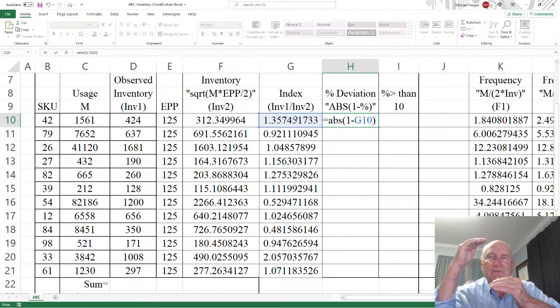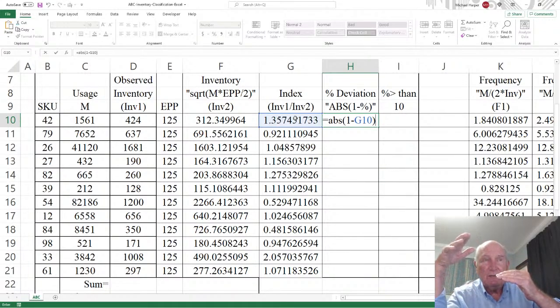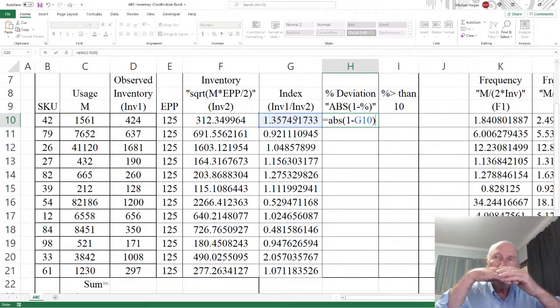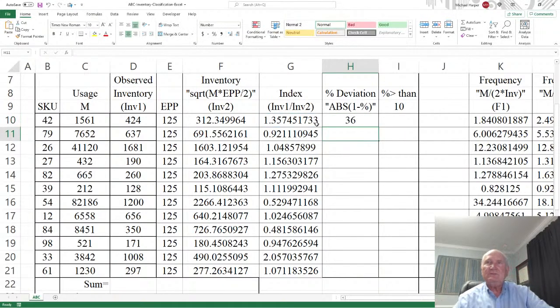If it's more than 50%, it's going to be more than 1.5. If it's less than 50%, it's going to be less than 0.5. If it's more than 10%, it's more than 1.1. If it's less, it's less than 0.9. What I'm saying here is, I'm just taking 1 minus that, and the absolute value of that times 100 to put it in terms of percentages.